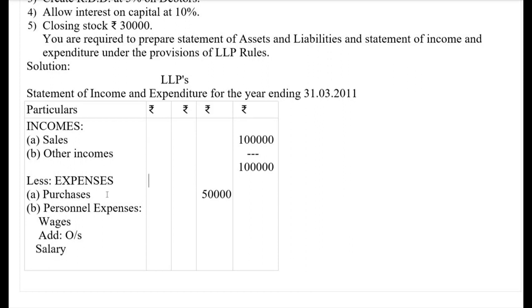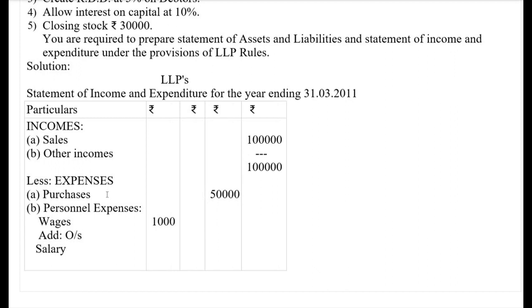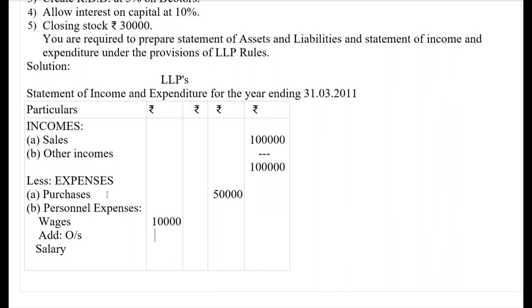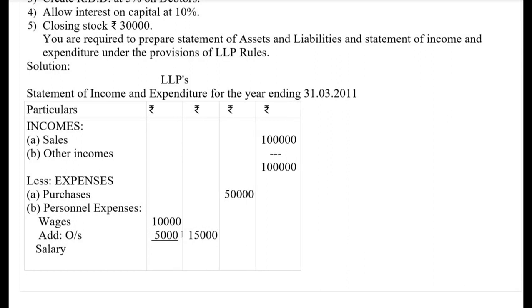So now let's go for wages. Here it is given as rupees 10,000. To this we should add 5,000. So let me underline this here. 15,000 will be the total amount of wages.